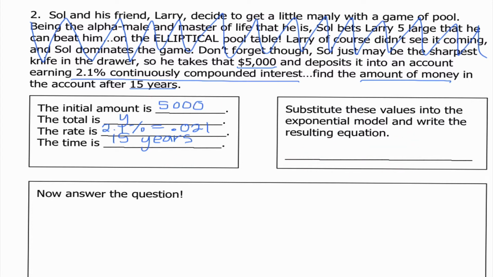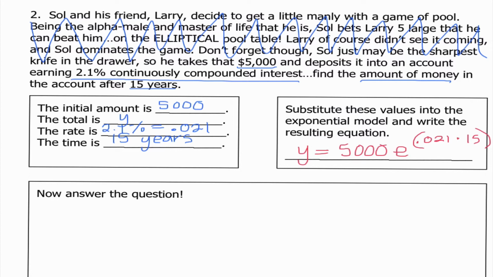This time, we're trying to find y, so I'm going to leave y. Our initial amount was $5,000. We know e is a number, so I'm leaving it. And to the bt power, we know that the rate is 0.021 times 15. The beauty of this particular equation is that if I am trying to isolate my unknown value, I notice it is already isolated.